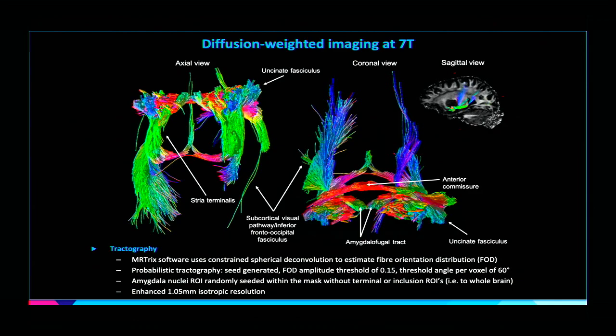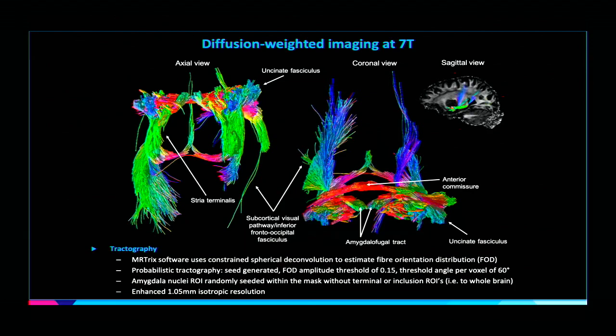It was seed generated, and an FOD amplitude threshold of 0.15 was used. So that's quite stringent. So we don't expect to see many spurious streamlines, and then also a threshold angle per voxel of 60 degrees. The amygdala nuclei ROIs were randomly seeded within the mask without terminal or inclusion ROIs, so basically to whole brain.